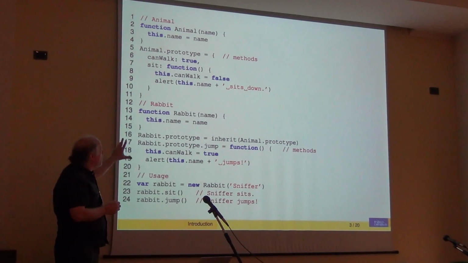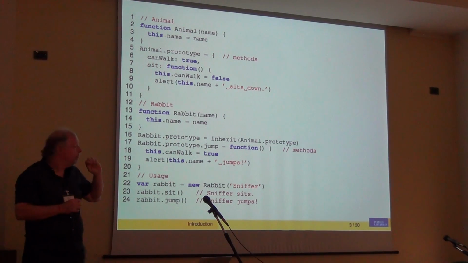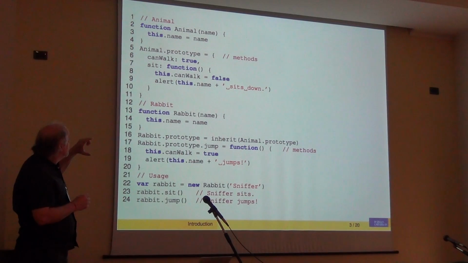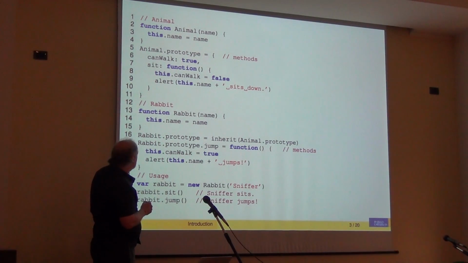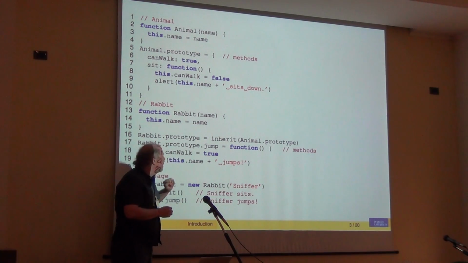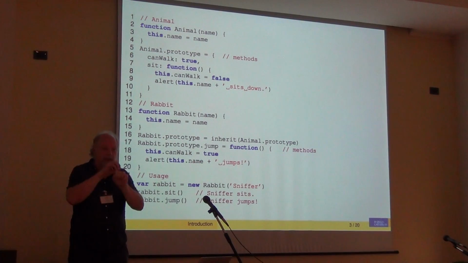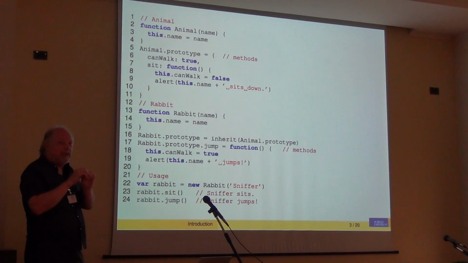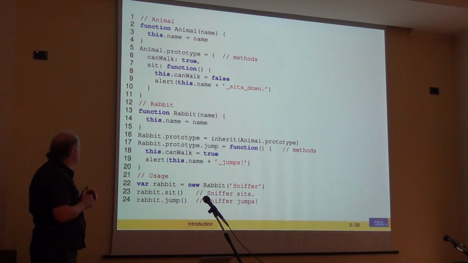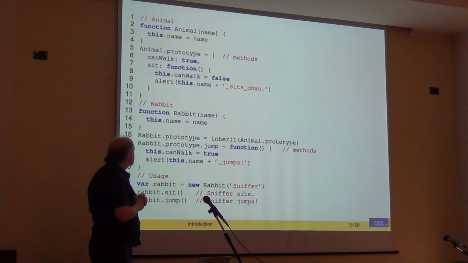Now, rabbit is going to be an animal. So we declare a new function rabbit, and I don't have the code for inherit here, but it basically just fills in a few links so that the prototype field of rabbit will point to the prototype field of animal, so that you'll get your typical inheritance.